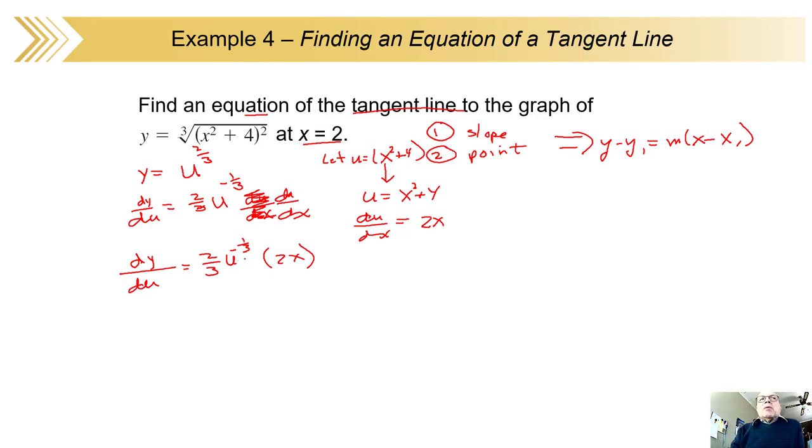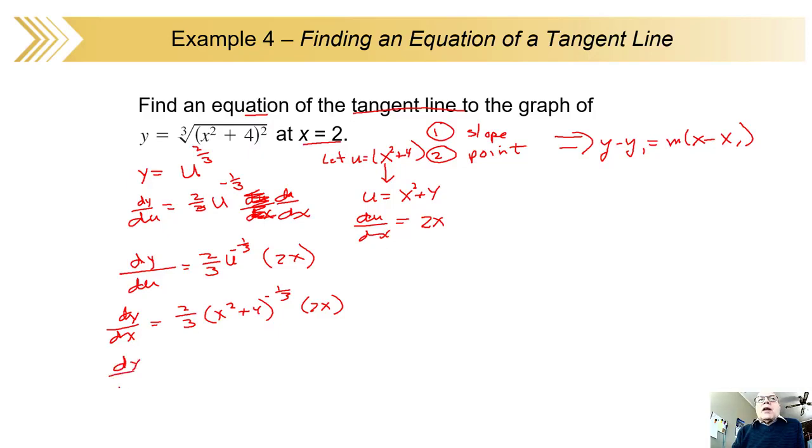How about the u? Okay. To get dy/dx, we'll take that 2/3. The u is really x squared plus 4, to the negative 1/3, and 2x out here.